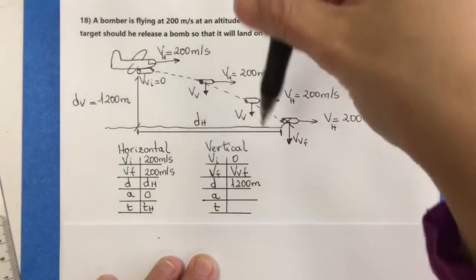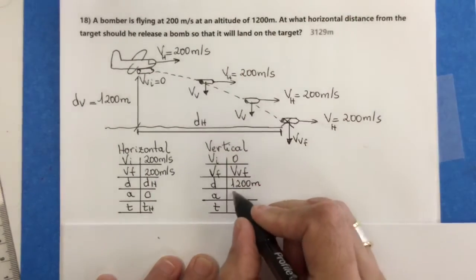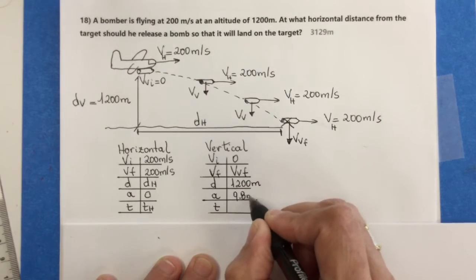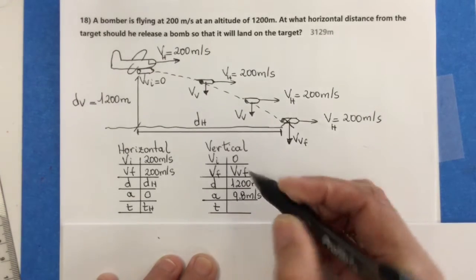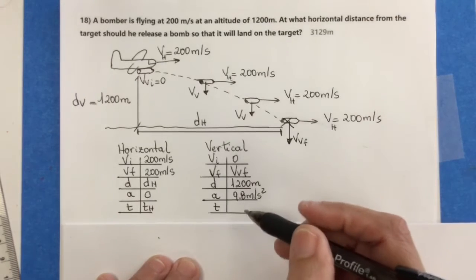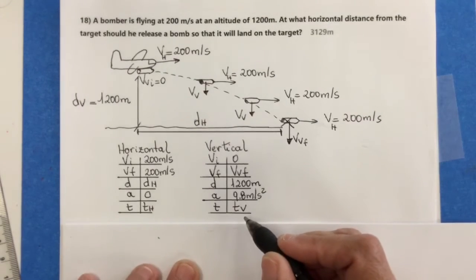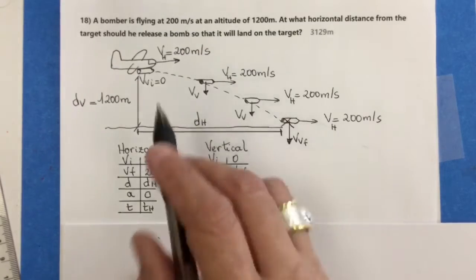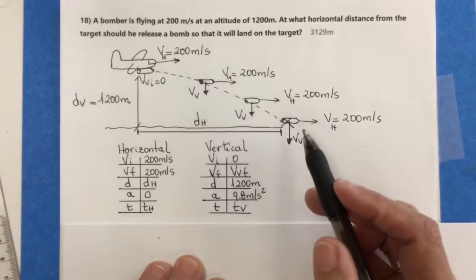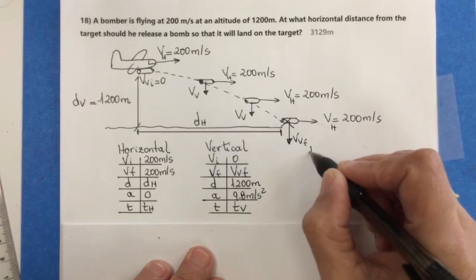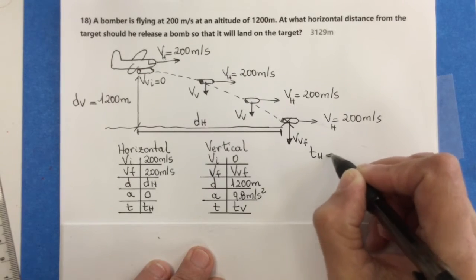Our acceleration is 9.8 meters per second squared, positive because it's accelerating. And our time for vertical is TV. Now, the horizontal time and the vertical time are the same. So TH is equal to TV.